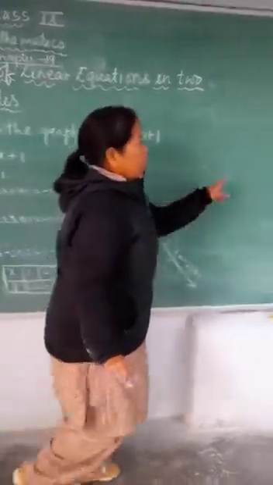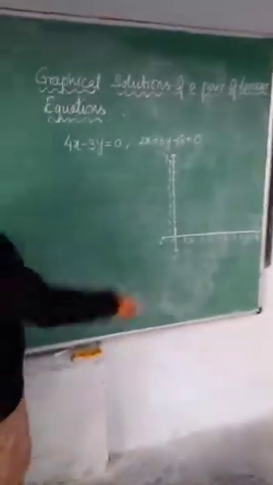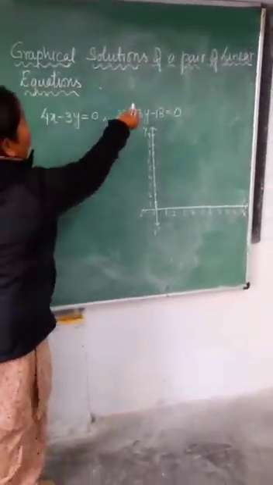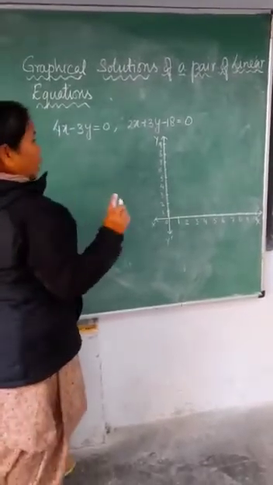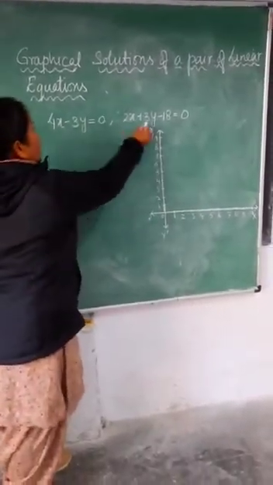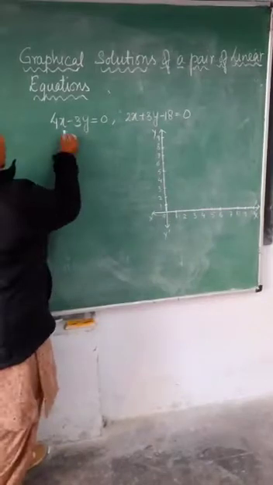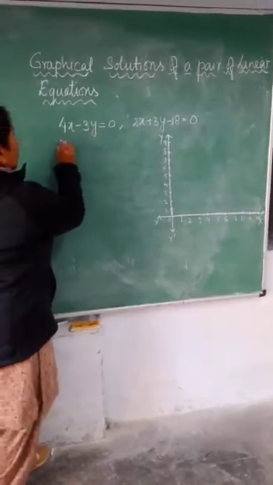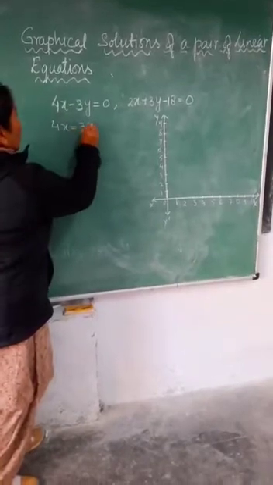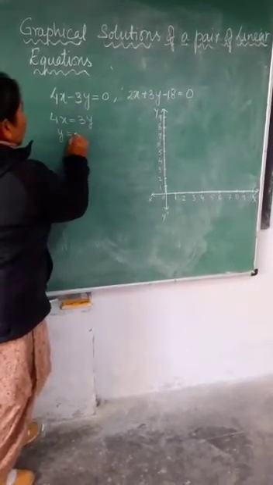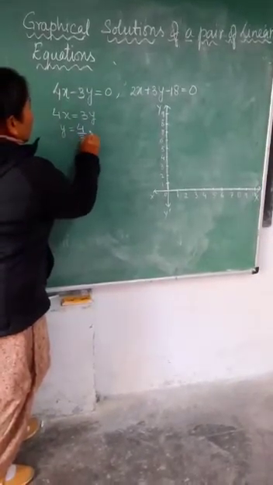Now I am taking another question. Graphical solution of a pair of linear equations. Here I had taken only one linear equation and here are two equations. Now the first equation can be written as 4x equals 3y, or y equals 4 by 3 x.